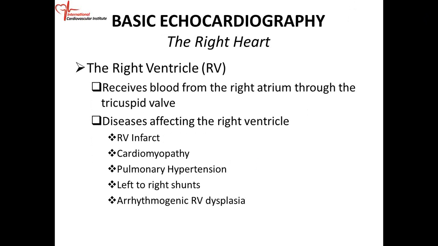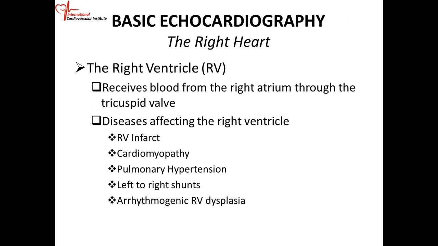So we can look at some of the disease that affects the right ventricle. Because as we said, the right ventricle is supposed to receive blood from the right atrium. But if it's not functioning properly, then you can run into problems.